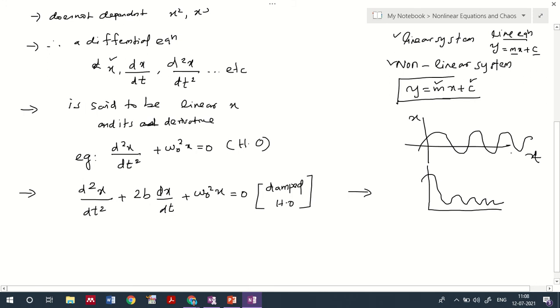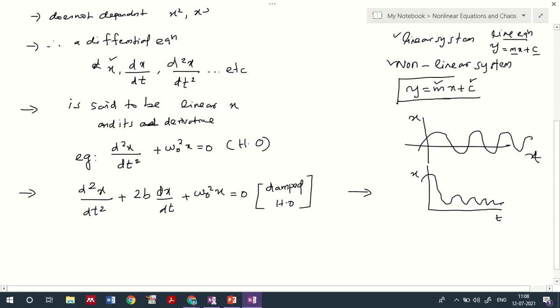If you represent x with respect to t, normally the solution will be x equal to a cos omega t or a sin omega t, so the amplitudes will be constant throughout the time, which you can observe for the linear case. For a damping case, we cannot say that all the amplitudes will be the same.